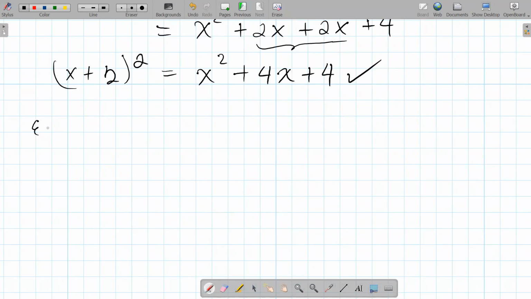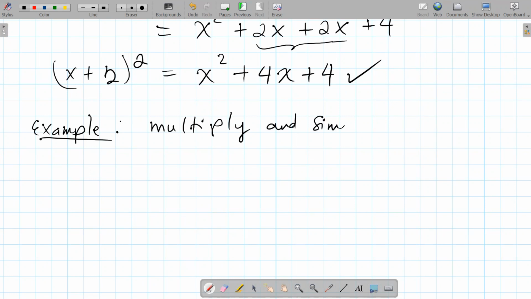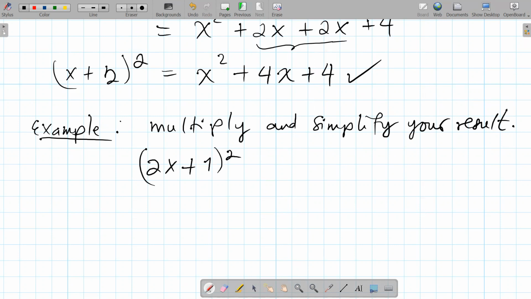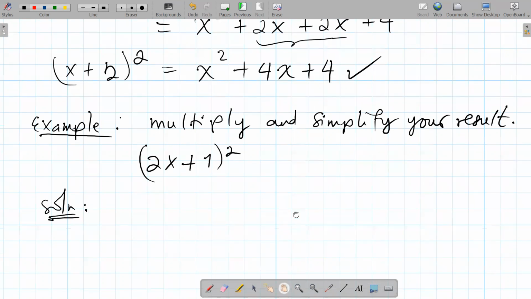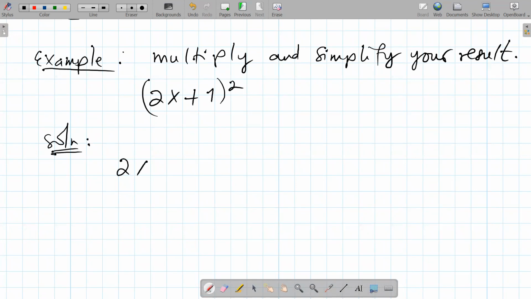Another example. Multiply and simplify your result. 2x plus 1 all squared is pretty much very simple.